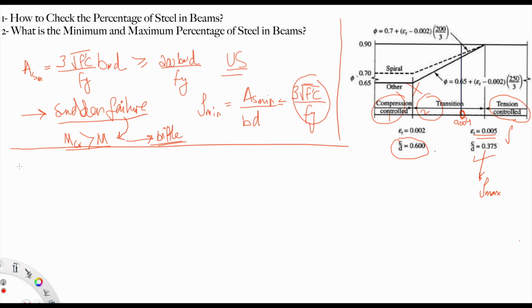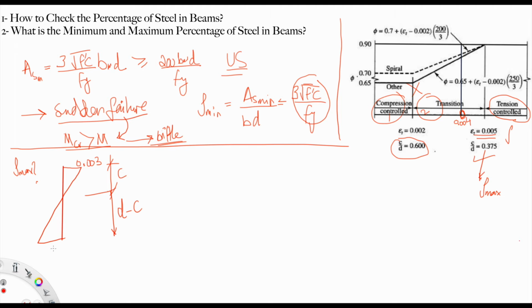So how did we get that? For rho max, if I draw the strain diagram, the concrete reaches its crushing strain of 0.003 at a distance called small c. And this distance is d minus c because the whole distance is d.